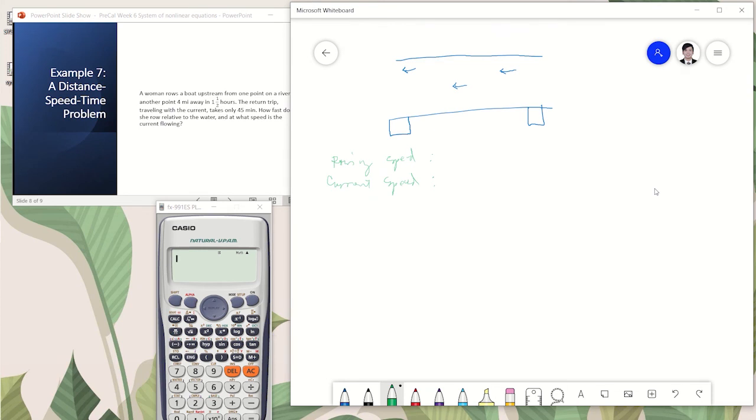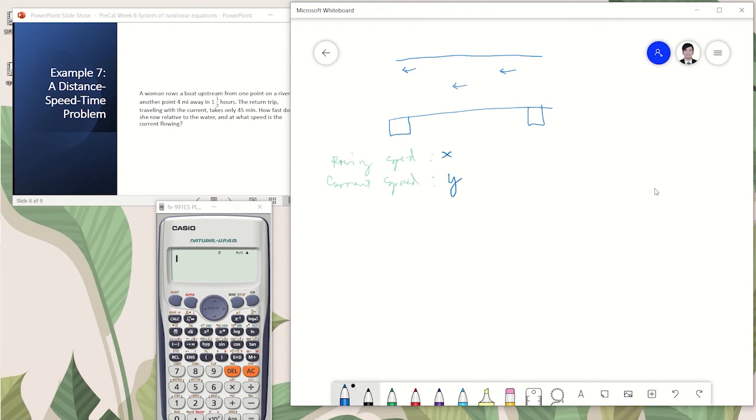And the current speed, because of course there is a contribution from it, affects how fast a woman can go from one point to another using the boat, depending on the speed of the water as well. So the current speed is how fast the water is moving. Perhaps we can represent the rowing speed by x, and the current speed by y.